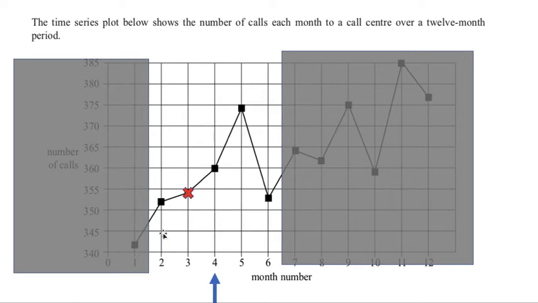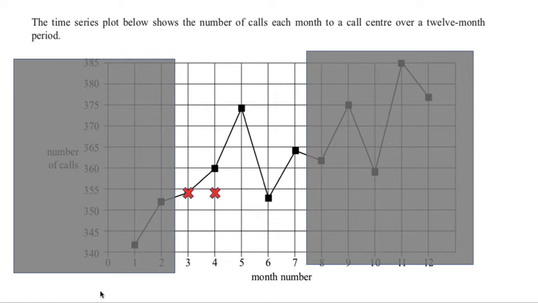So I'd say the point above month 2 is the lowest, the point above month 6 is the next lowest, the point above month 3 is the third lowest, the third highest. It's the one in the middle. So the y value that we're plotting for point number 4 will actually have the same y value as point number 3. And you can see that that point's being plotted there.